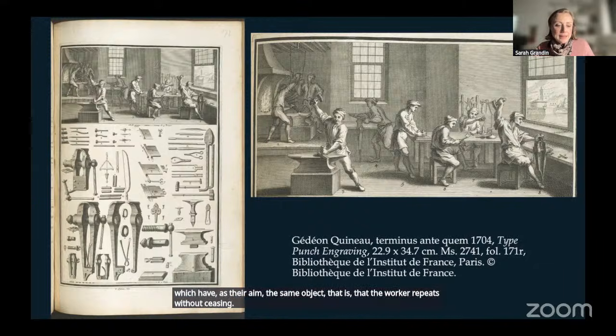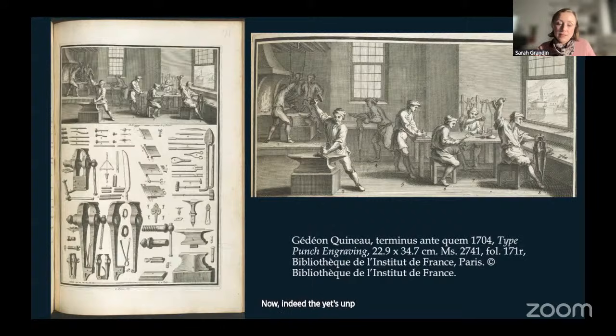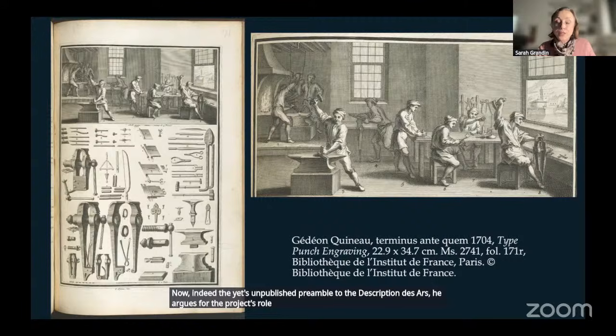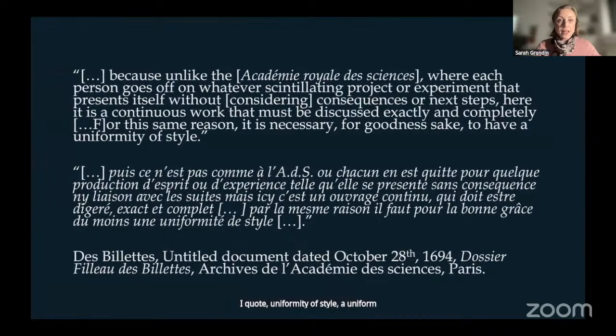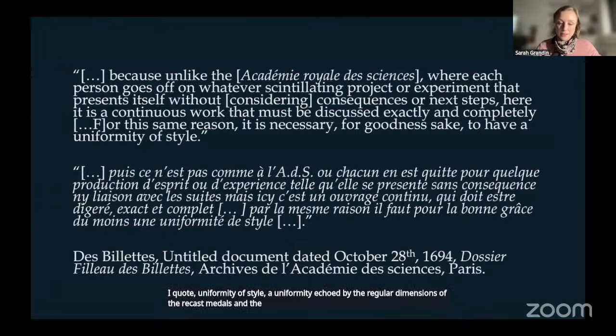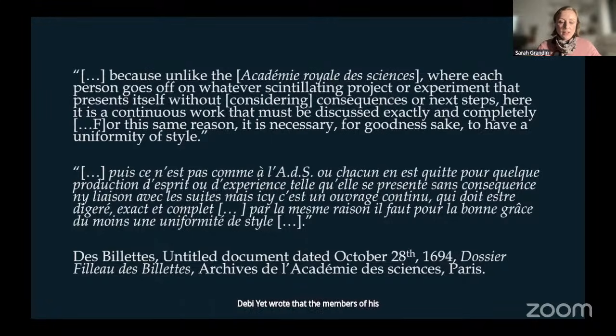Now, in de Billette's unpublished preamble to the Description des Arts, he argues for the project's role in preserving knowledge for posterity in a manner marked by its exactitude, completeness, and, I quote, uniformity of style, a uniformity echoed by the regular dimensions of the recast medals and the Romain du Roi fonts. De Billette wrote that the members of his commission needed to work in concert.